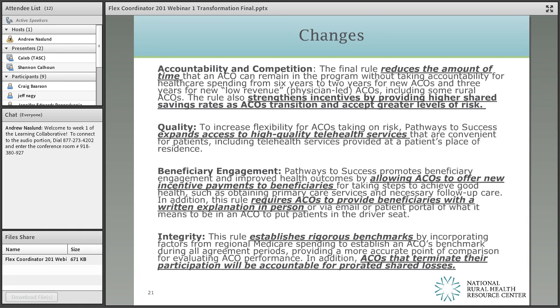And then finally, I think what's really demonstrating the escalation is in that bottom paragraph, ACOs that terminate their participation with Medicare. Used to, you could get in and say, I'm not going to stay in the ACO anymore because we're not able to do it or we're not doing well. Medicare's saying that you will actually have to pay in the losses, even if you weren't in downside risk. If you terminate your participation, you will be accountable for prorated shared losses.